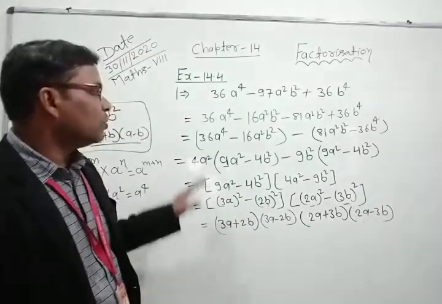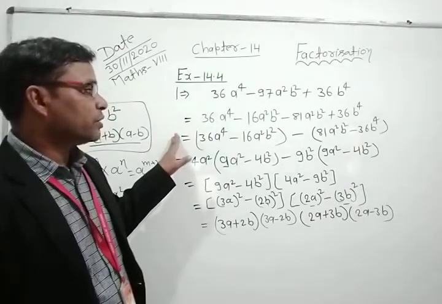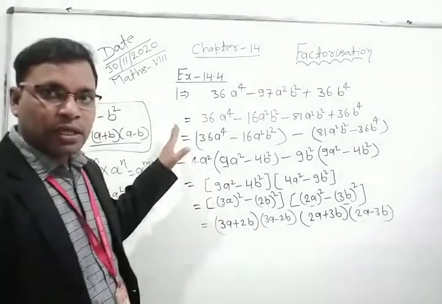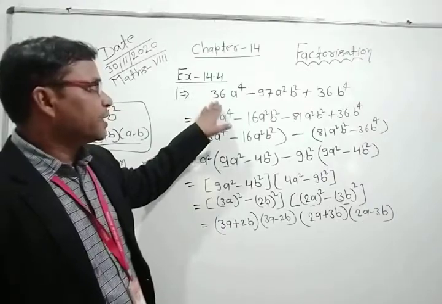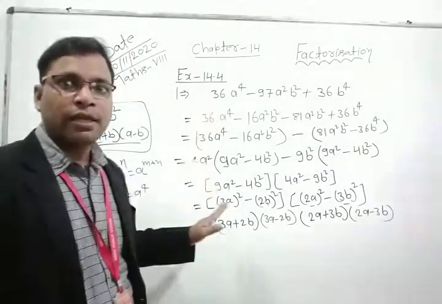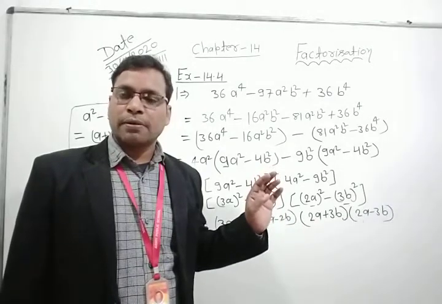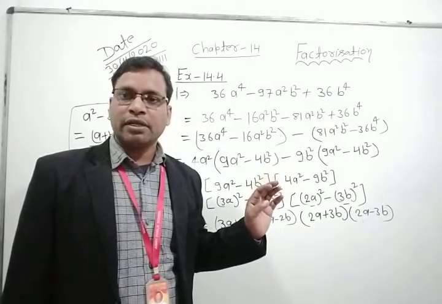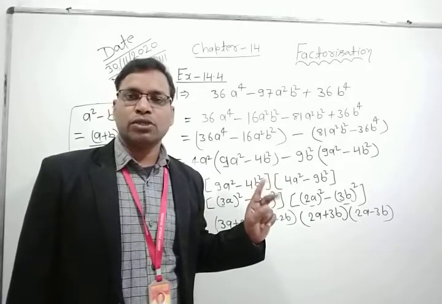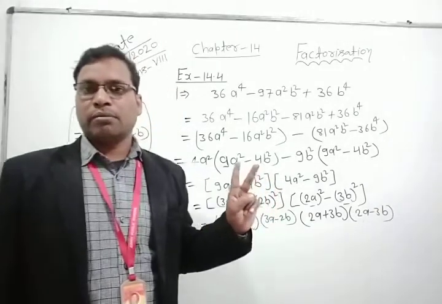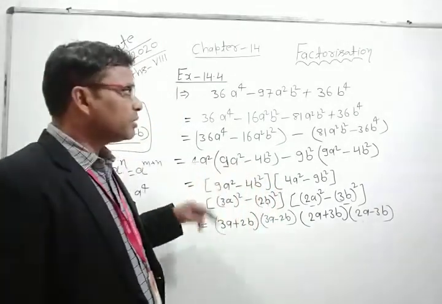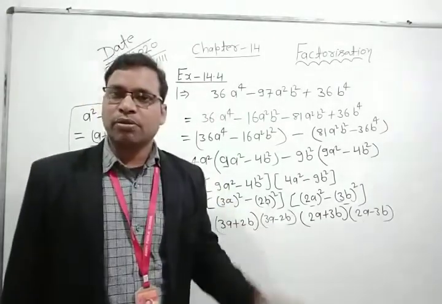So students, I hope all of you understood this question, how to find the factors of this expression. This is a trinomial. Okay, types of expressions: monomials, binomials, trinomials, you know very well. One term represents a monomial, two terms a binomial, three terms a trinomial, and more than three terms you can say polynomials.